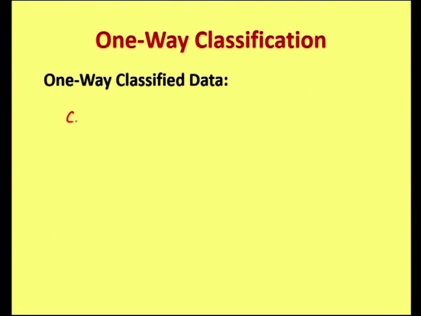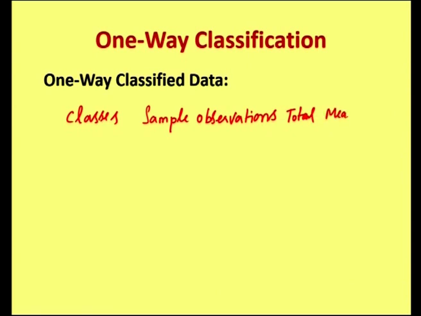So, we have k classes, and for each of the k classes we have sample observations, the sample observation totals, and for all these classes we have separate means. So, classes we have 1, 2, up to k.